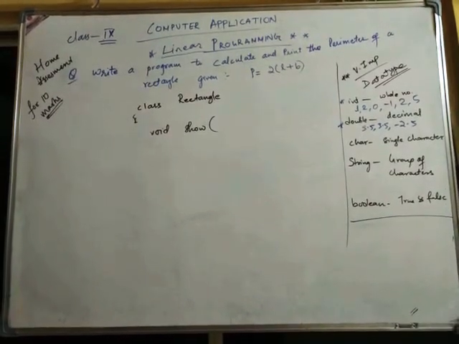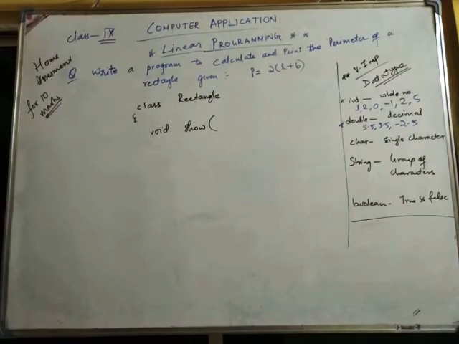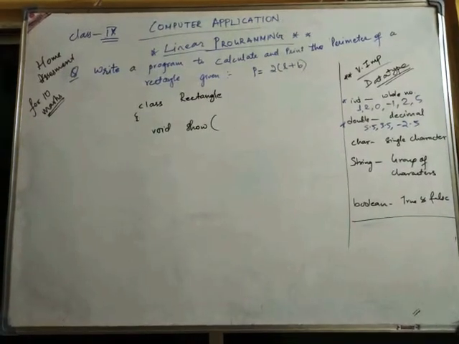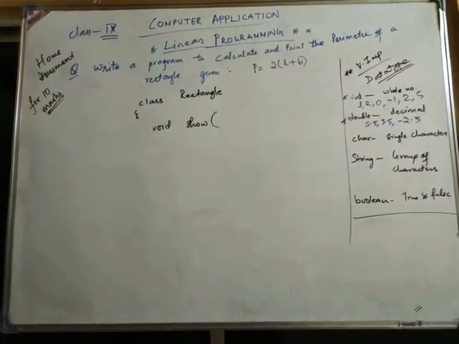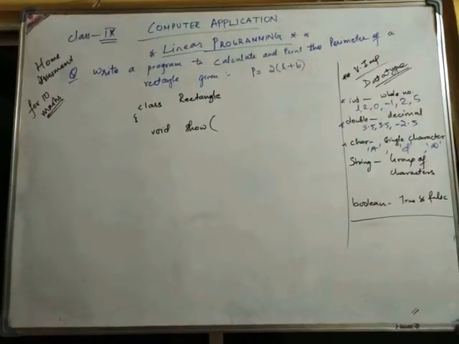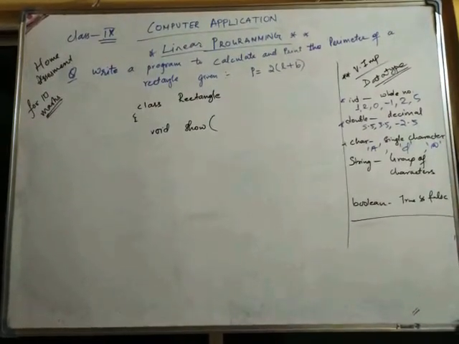Now if we are talking about a single character value like A, B, C, it is included under single quotation. That we will be using char, and a group of characters will be string. So anything inside single quotation will be a char value.